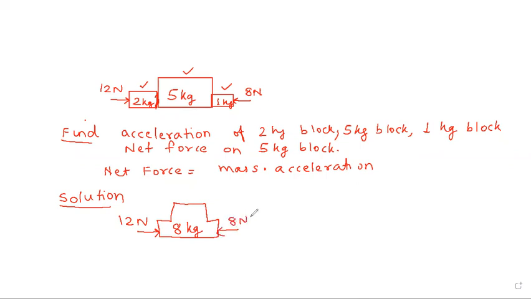So what is the net force? The net force on this 8 kg mass is 12 newtons minus 8 Newton. Because this is 12 and this is 8, the acceleration would be on this side. And because these three are connected, the acceleration of the 2 kg block, 5 kg block and 1 kg block would be the same.